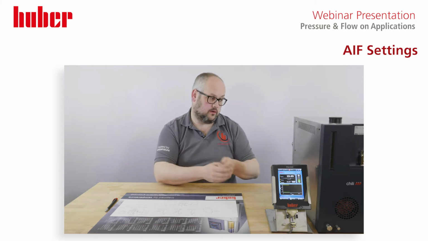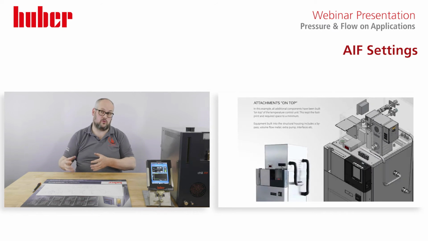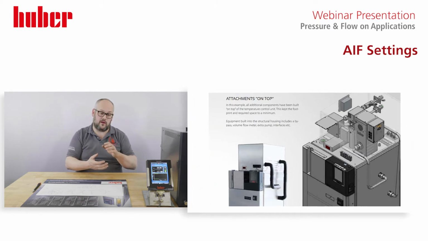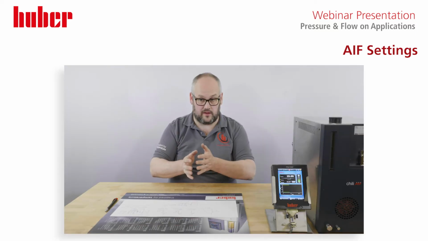Again, we could hook it up something like this, but Huber also have our flow control cube, which is an all-in-one package where we've got our VPC, we've got our pressure sensors, and in most cases, they have inductive flow meters. And they're very useful for a lot of automotive testing applications. It's a plug and play setup.